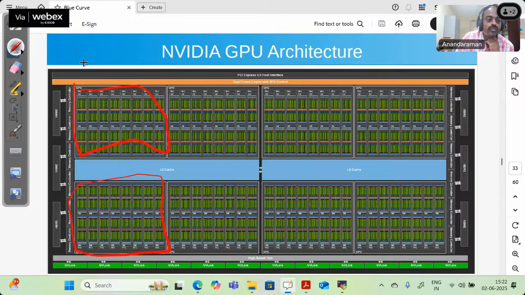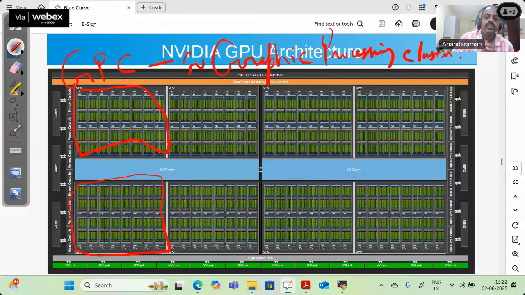GPC is graphics processing cluster. So 8 GPCs are there.